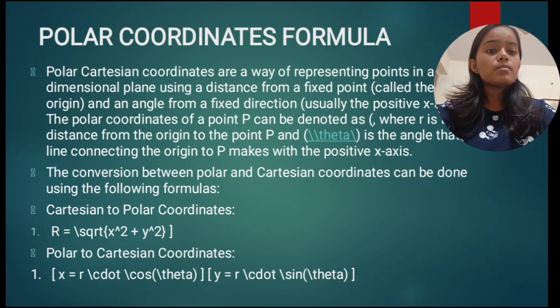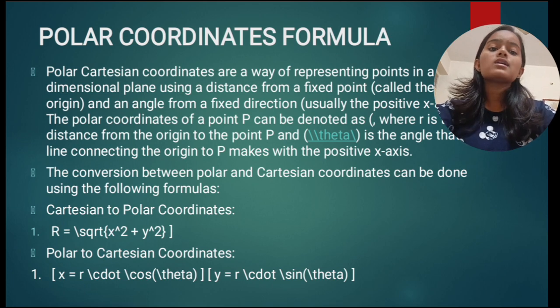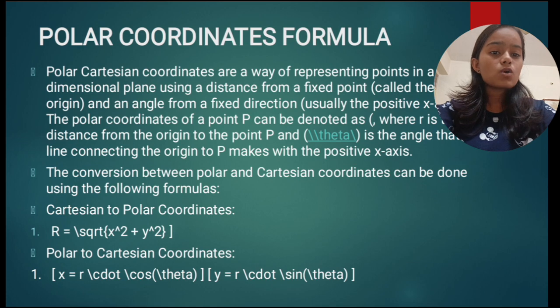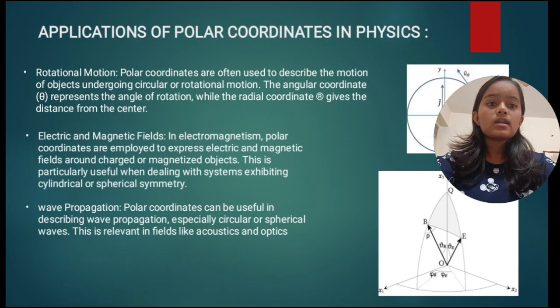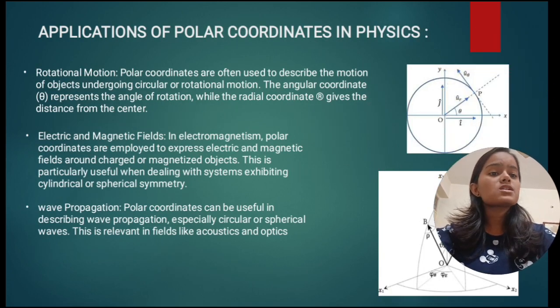The conversion between polar and Cartesian coordinates can be done using the following formulas. To convert Cartesian to polar coordinates, r = √(x² + y²). To convert polar to Cartesian coordinates, x = r cos θ, and y = r sin θ.